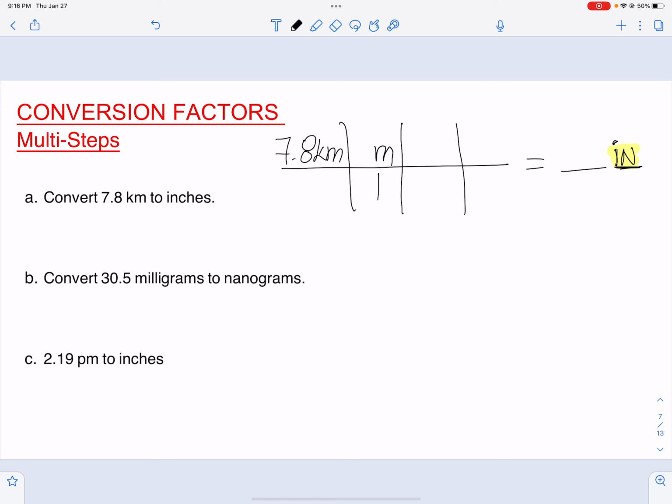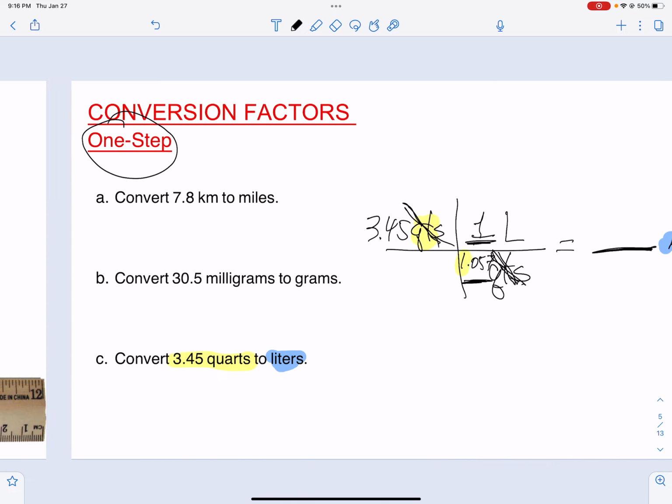So we get rid of the kilometers. And kilometers is the one with the prefix, so we put a 1 in there. And kilo means 10 to the third. So we put a 10 to the third there. So that way we get rid of the kilometers. Now we have meters. Can we go from meters to inches?